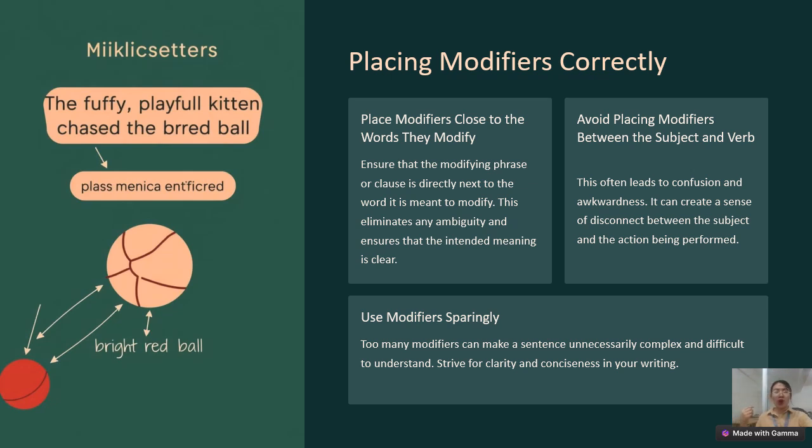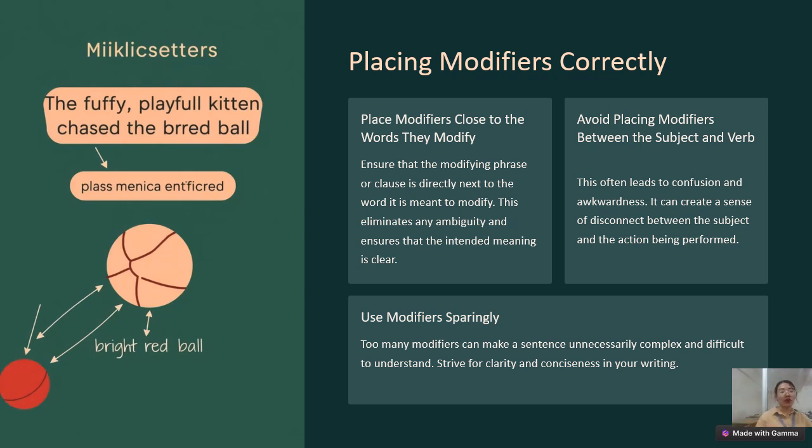Why do you think we need to use modifiers sparingly? It's because it avoids overloading sentences. Too many modifiers can make a sentence overly complex and harder to read. The next reason is that it enhances clarity, because excess modifiers can obscure the main idea.